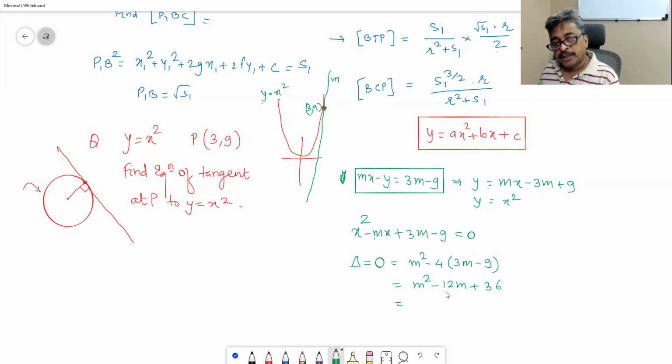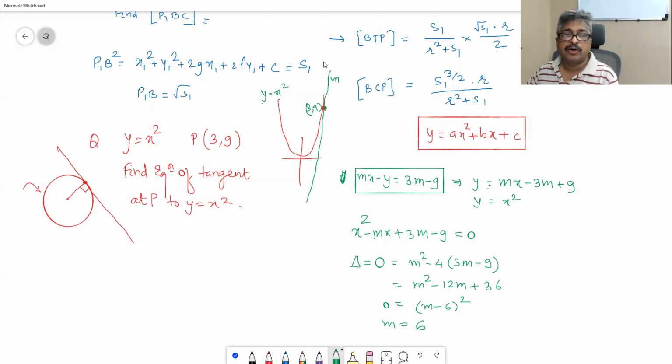Therefore, this is going to be perfect square. And otherwise, there is going to be a geometric problem. That is another cross check whether your calculations are correct or not. So this is perfect square of m minus 6 is equal to 0. Therefore, m is equal to 6.